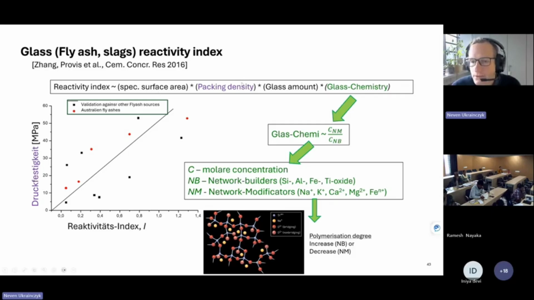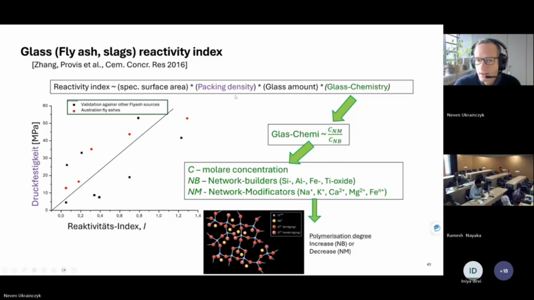Packing density also matters, because now we talk about the reactivity index, and the reactivity index is measuring the strength, Druckfestigkeit in German, so this is the compressive strength in megapascal. So how much the strength is increased. If you would get the same strength as in the reference without Pozzolan, that would give you 1. And if you have higher, that gives you the Pozzolanic reactivity.